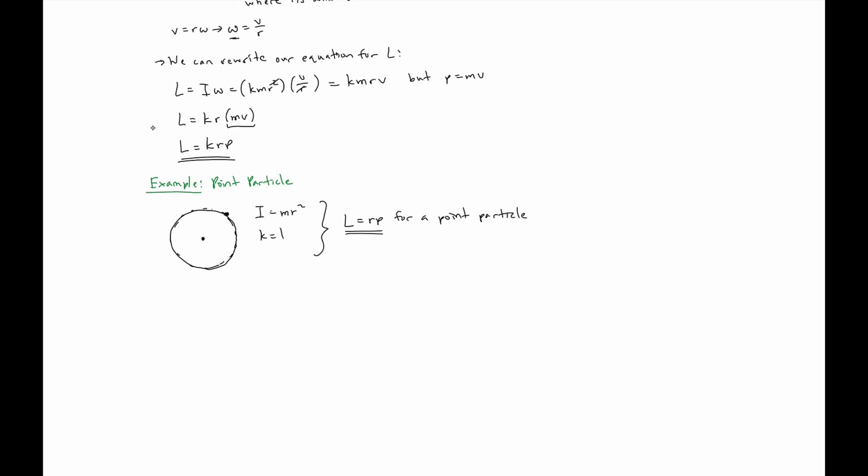So just like our analysis with torque, we only care about the tangential component of momentum. So that means, remember with torque, we had defined it as rF sine theta. Now we have to define our p, or our linear momentum, and only take the tangential component of that.